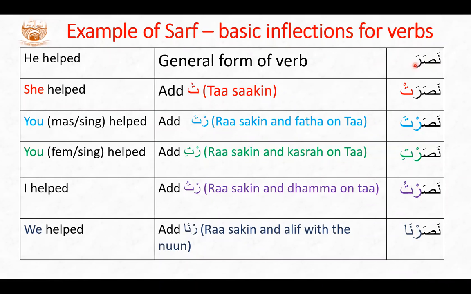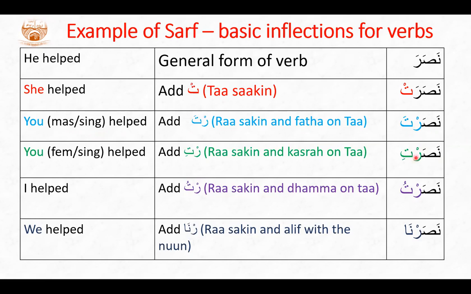So from Nasara, what did we add? We added ta with sakin. You get Nasarat. And it now becomes she. She helped. Likewise, if we place a sukun on the 3rd letter of the same 3 letters, that's the root, with a fatha on the ta, we get nasarta, with the meaning of you, one man, you masculine singular.